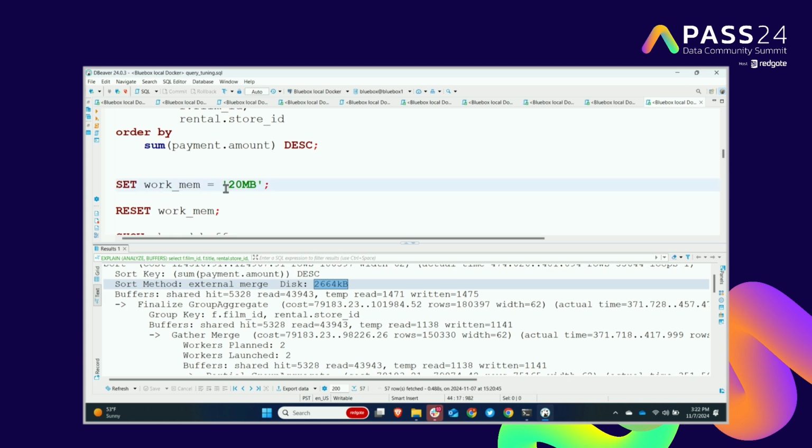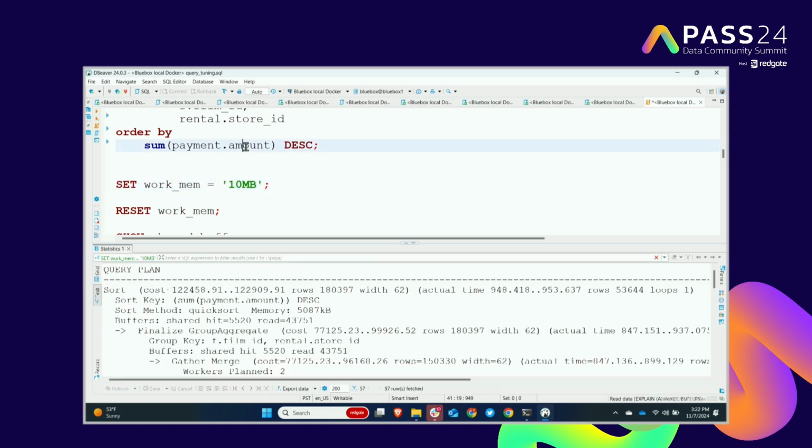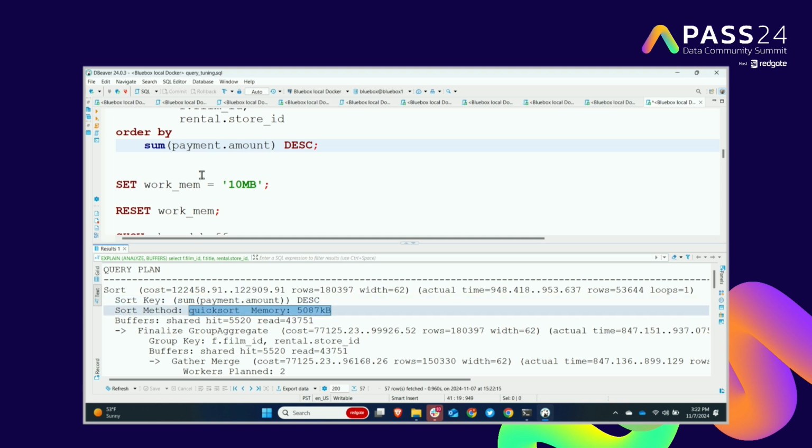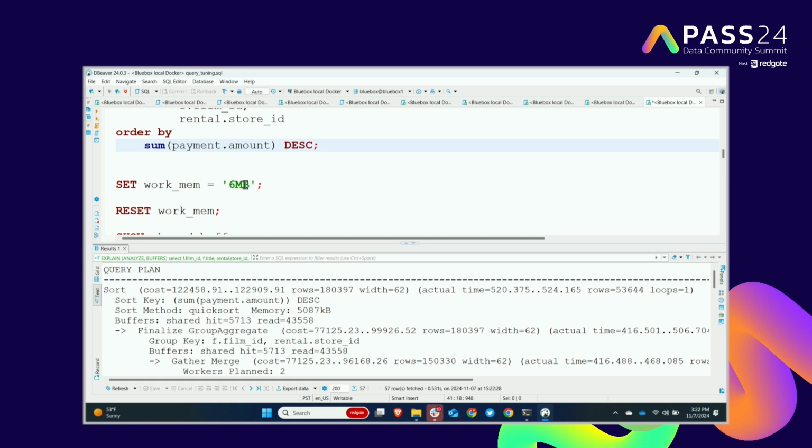So I'm in a session, I'm connected. If I set the work mem, and I'll start with 10, and I think we're not going to see the external. Oh, we did. Okay, so that one had an external. That was enough. If you work your way down, it was 4, or maybe I had it set as something else. If I go to 6. That's still enough.